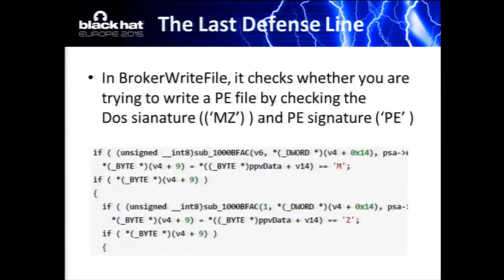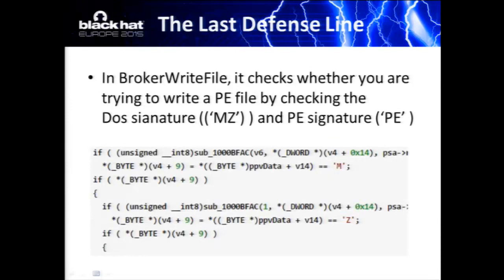There's a last line of defense in the Flash broker that tries to prevent you from writing PE files to the folder. When you call the broker function BrokerWriteFile to write data to the file, it will check whether you are writing a PE file by searching for the PE signature, for example, the DOS header and the PE header here.